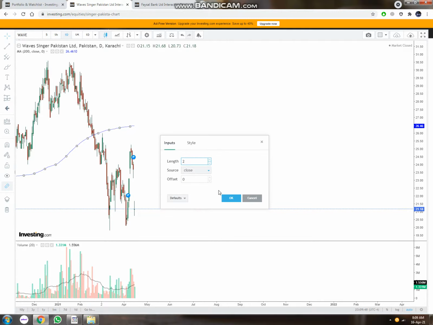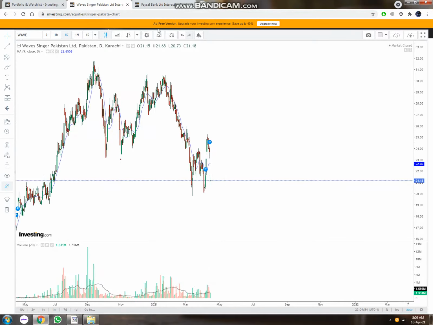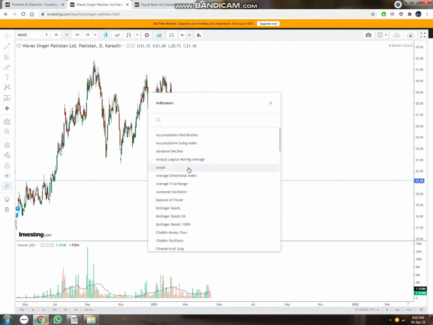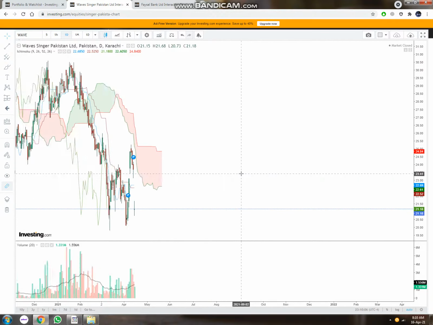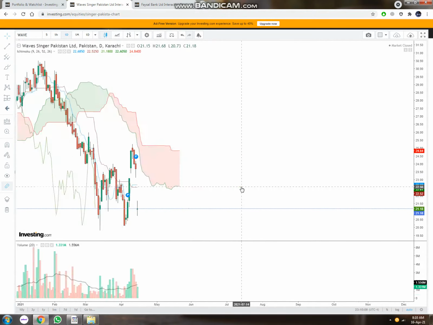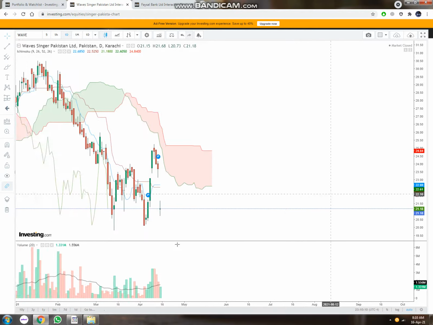The other thing that you can apply, let me shift it back to, you can also use other things as well, like Ichimoku cloud, or let's say the RSI, relative strength index. You can use these things as well, and you can see that at this point I'm still confident about this stock.